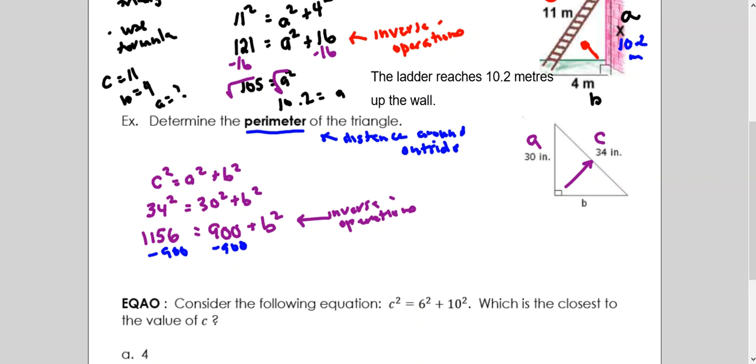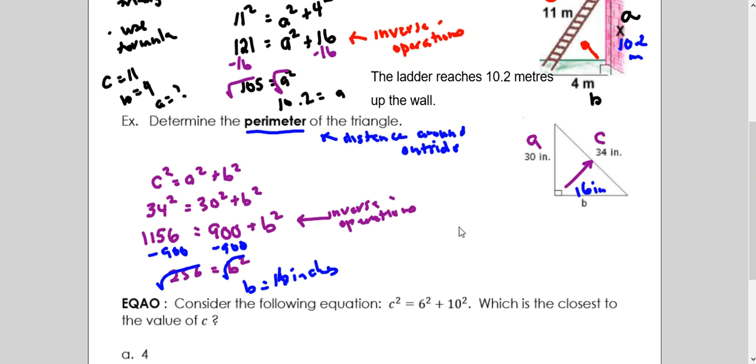So I know that this is 256 equals B squared. All right, and then I can do the square root. So now I figured out that that is 16 inches.